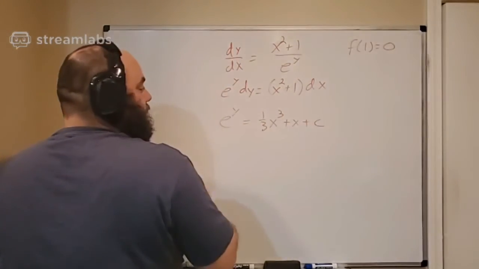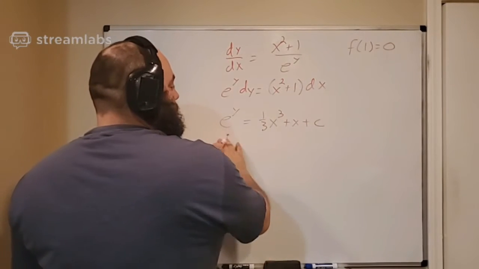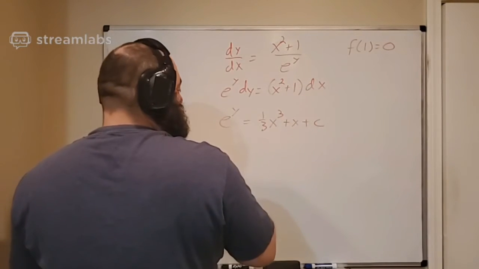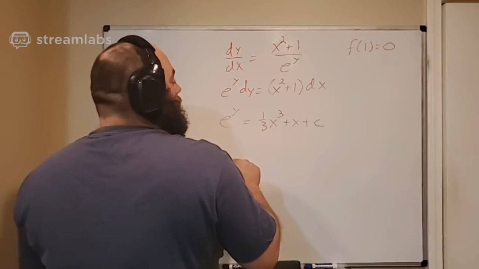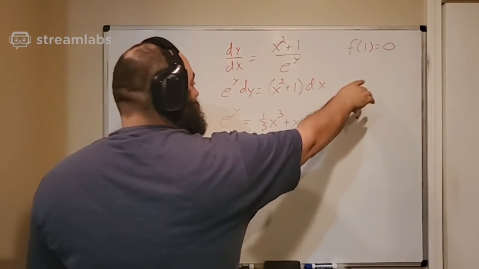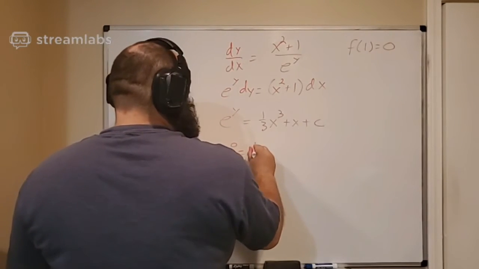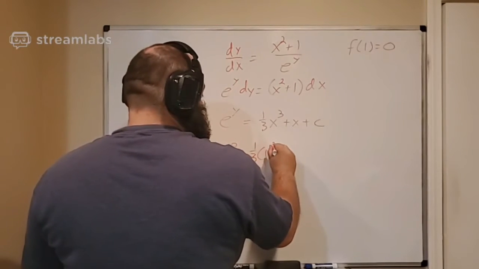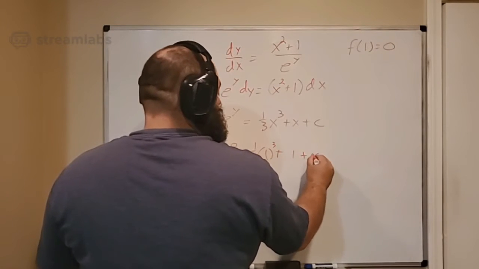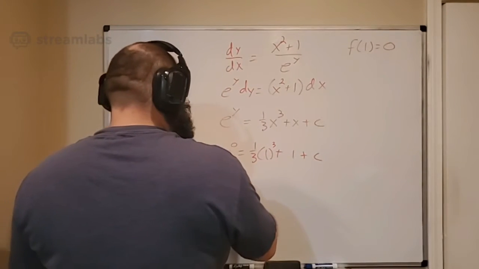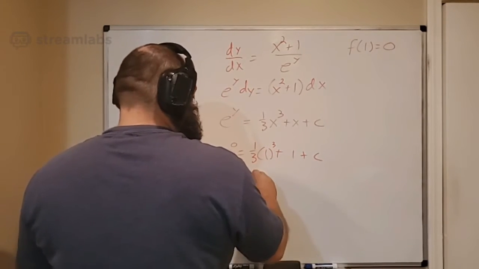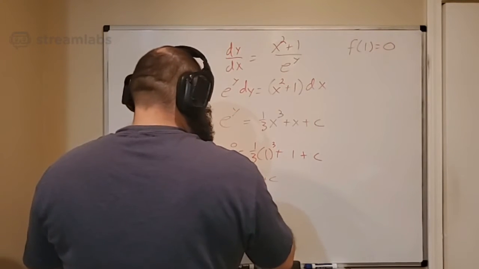So we know x is 1, y is 0. So you get e to the 0 is equal to 1/3 times 1 cubed plus 1 plus c. So 1 is equal to 4/3 plus c, so c is equal to negative 1/3. And we are looking for what, f of 2?